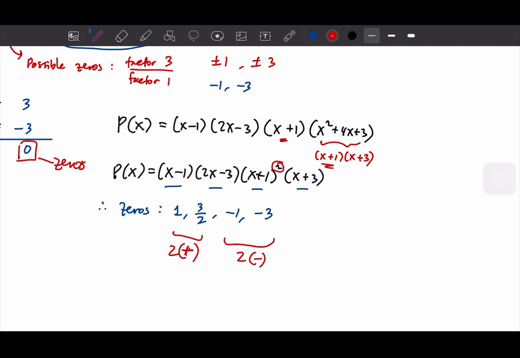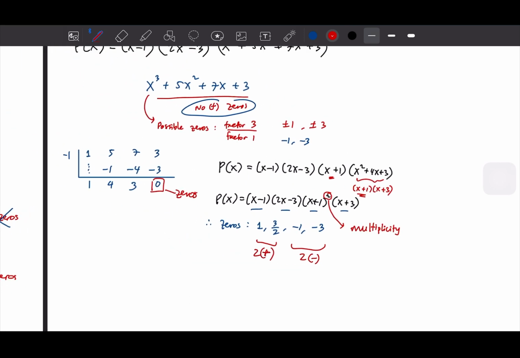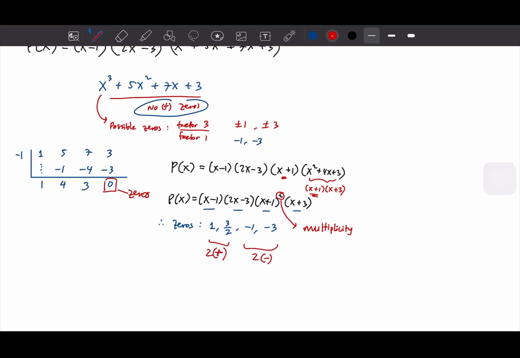So it's actually -1, -1, -3. But the number itself is just 4, because the -1 has multiplicity. Okay, I hope you still remember. It has multiplicity, and it will also affect the Descartes rule. So that's how we find that our zeros are these four numbers.